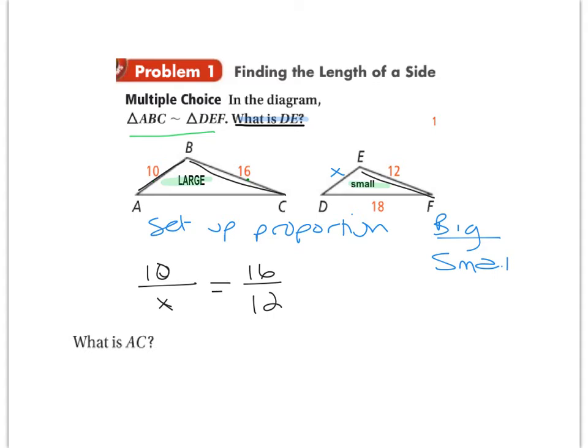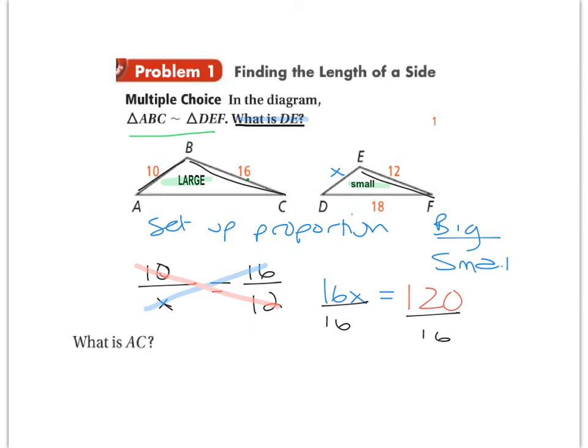From here, once I have my proportion set up, now we're going to do it like we did last class, cross multiply. So X times 16 gives me 16X. That's going to match up with 10 times 12 or 120. And then from here to solve it, we'll just divide each side by 16.